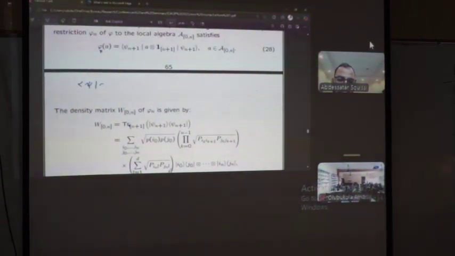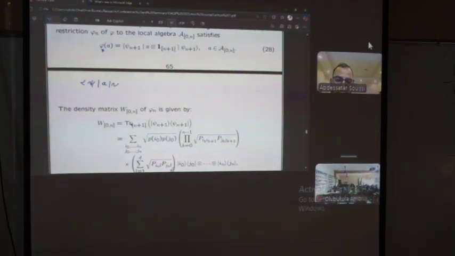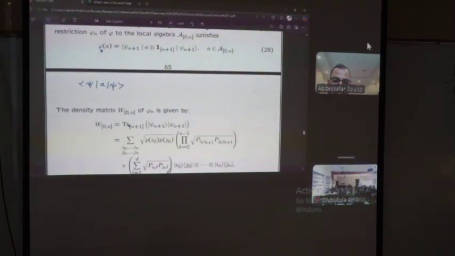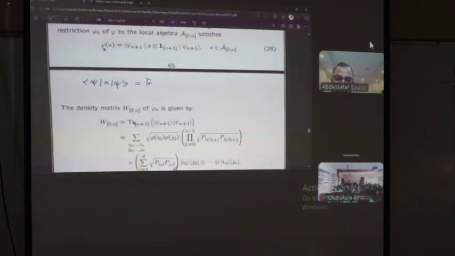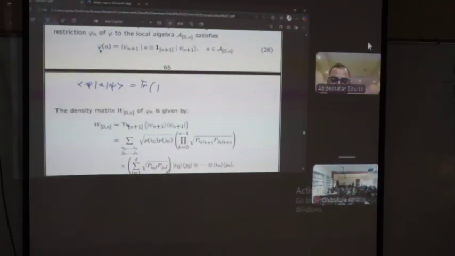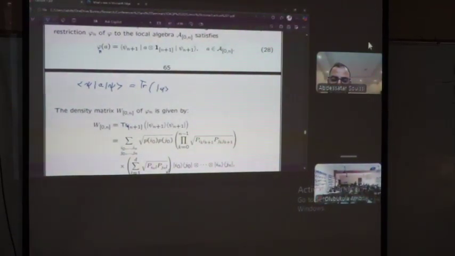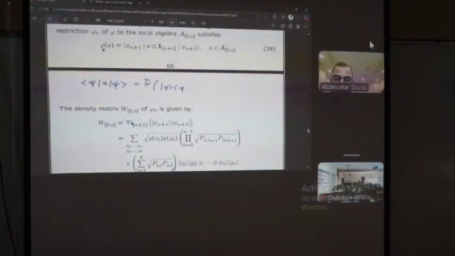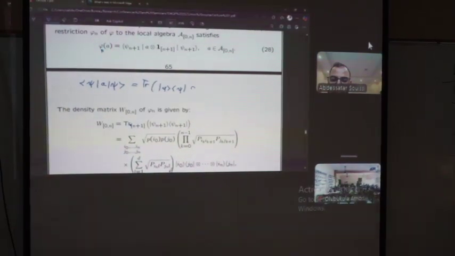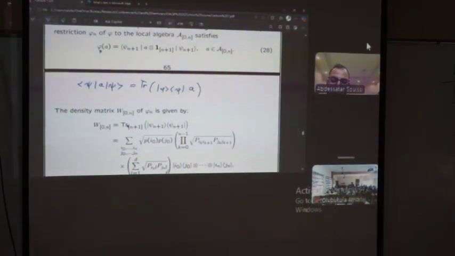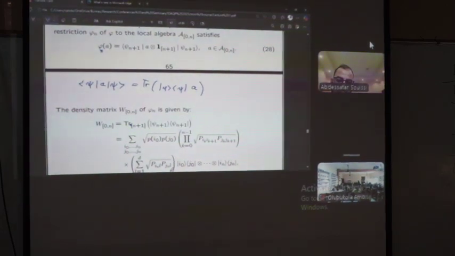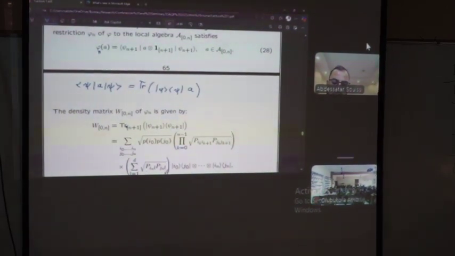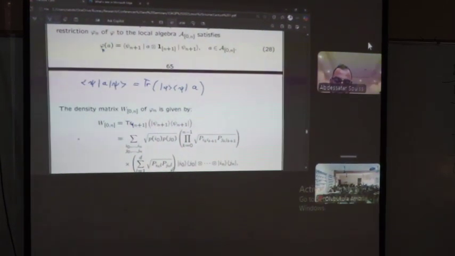of A, if you write psi, A psi in a certain Hilbert space, this can be interpreted as the trace of the bracket psi times A. And with this notation, we may use the partial trace, because the trace on the partial trace is the same.